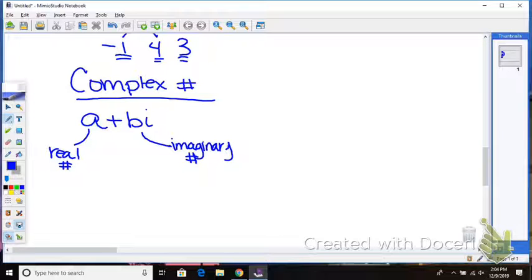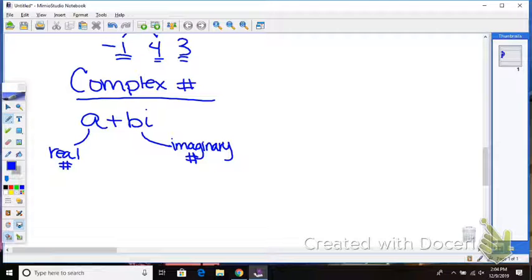It's a combination, just like we wrote 5i, of a real number and an imaginary number. So you have a real part and an imaginary part. That's what makes it so complex.